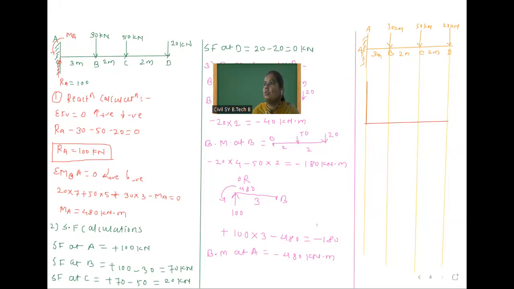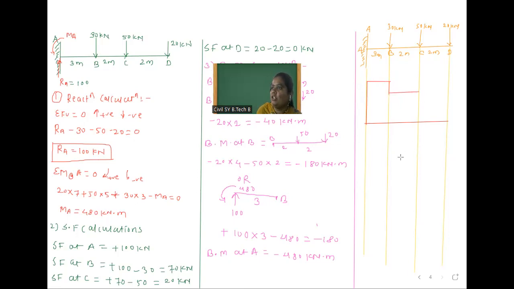Up to B point, shear force is constant, so we will draw it constant here. At B point, shear force is 70, so it goes below. Up to C point, this 70 shear force is constant.